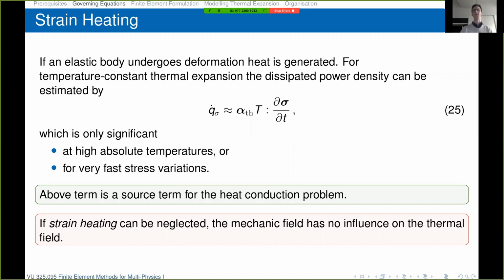And this is a very useful assumption for many application problems, and therefore it is considered in the following. So in this case, we have a forward coupling.